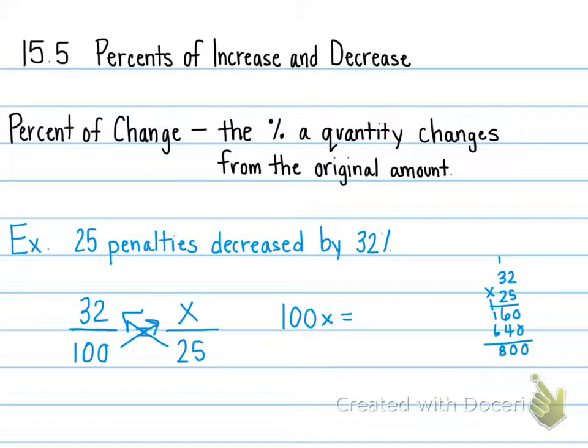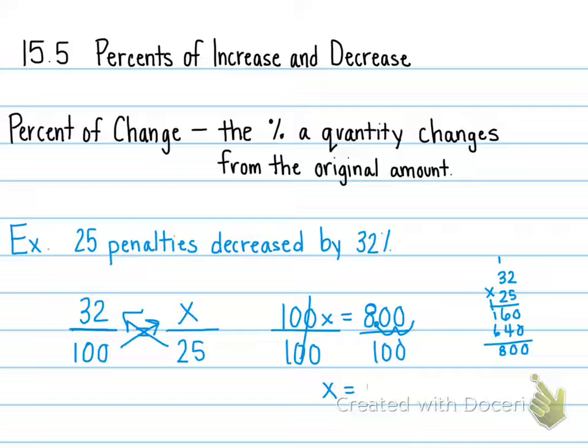It's 800. I divide by 100 on both sides. Dividing by 100 is moving the decimal 2 spaces over, so x equals 8.